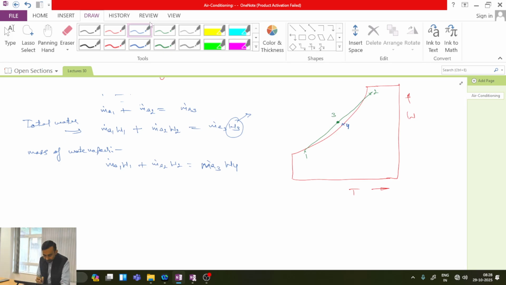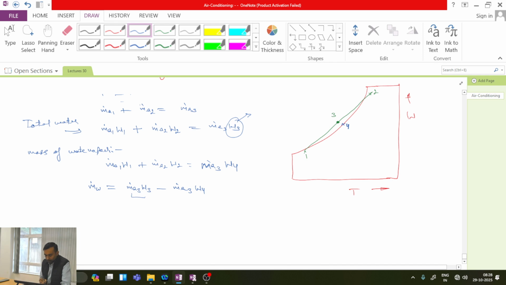It means that there is some mass of water in the form of liquid droplets. How much? m dot A3 into W3 is my total water mass, and m dot A3 into W4 is the vapor mass.